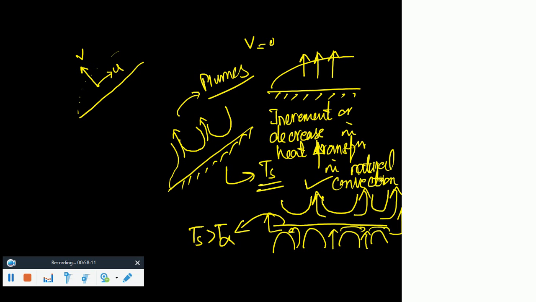Okay. Now let's talk about this: if you have a vertical plate, what would you think about it? Whether the heat transfer would increase or decrease? Just tell me. It should decrease.